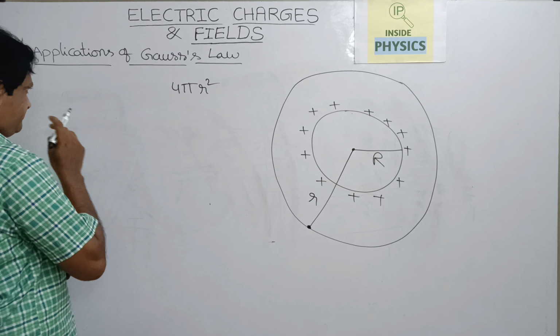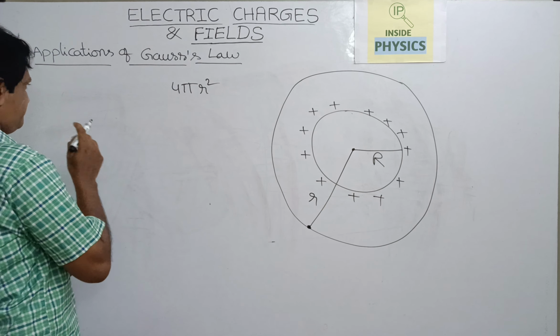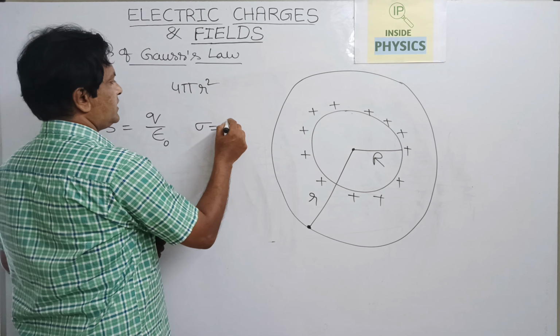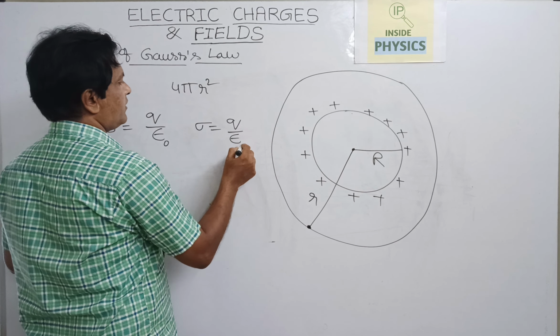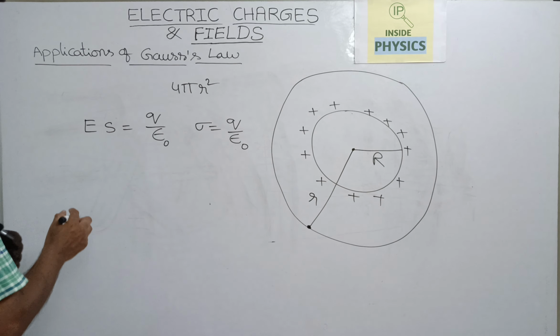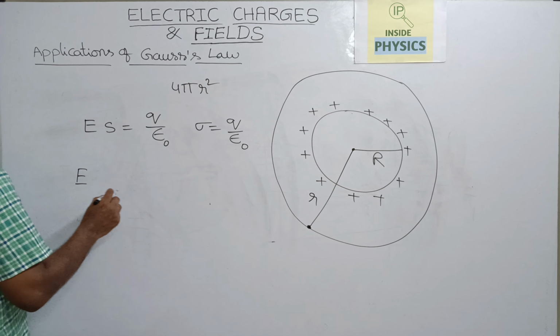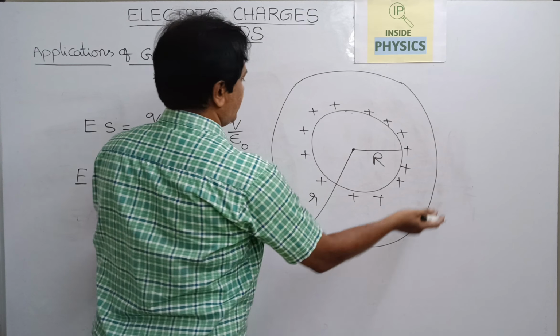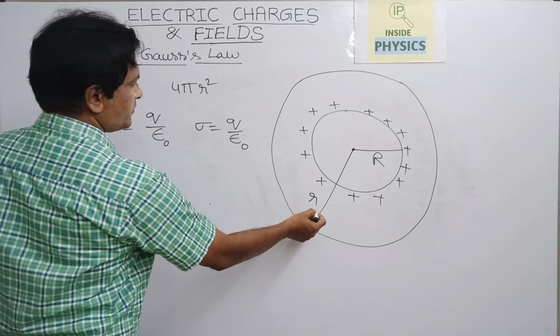So here we know again the formula will be ES is equal to Q by epsilon naught. The inside sphere is having a surface charge density sigma. So here the electric field on the outer imaginary sphere is having a radius small r.